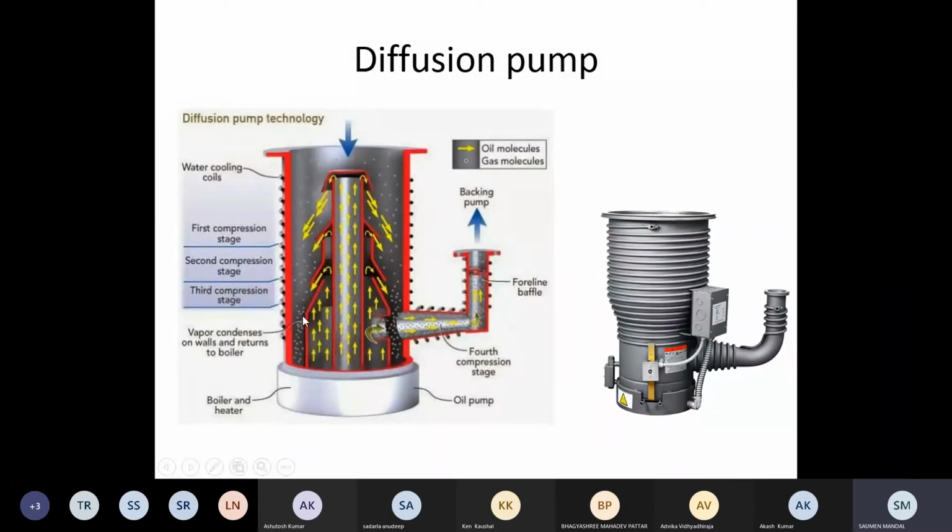When the oil is vaporized, the oil molecules go up. Then with the cooling action, they condense and come down, and while coming down, the gas molecules adhere to that liquid, and they come down together.